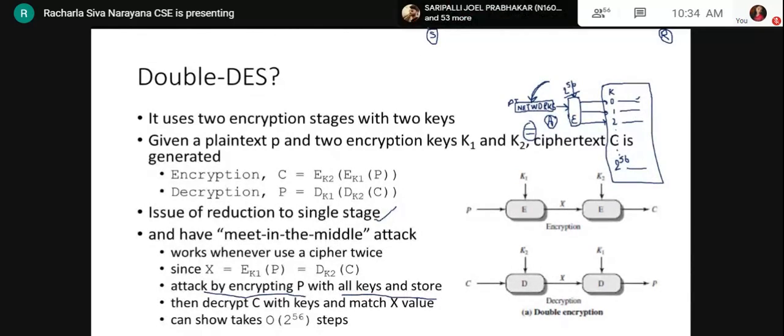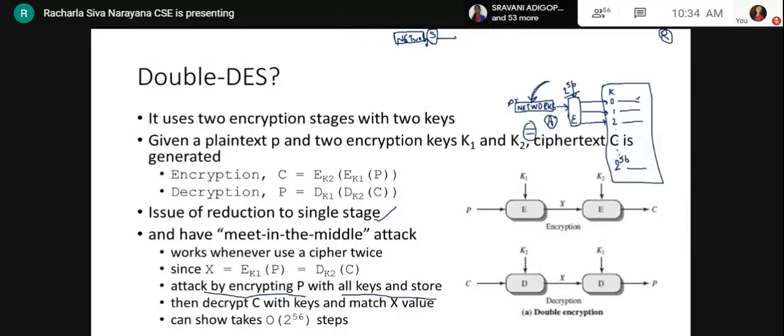Now the attacker goes to the sender's system with the same plain text block, networks. From the sender system he performs encryption, that is double DES encryption, but he doesn't know the key.